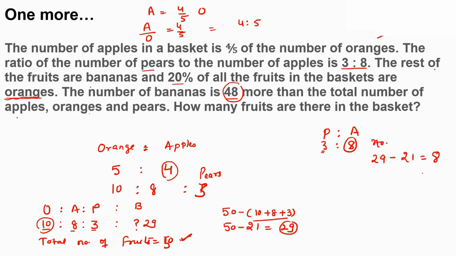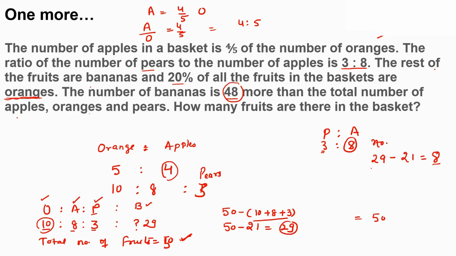So what does it mean? If their difference is 8, then the number of oranges will be 10, apples 8, pears 3, bananas 29, and the total number of fruits will be 50. But I want their difference to be 48.